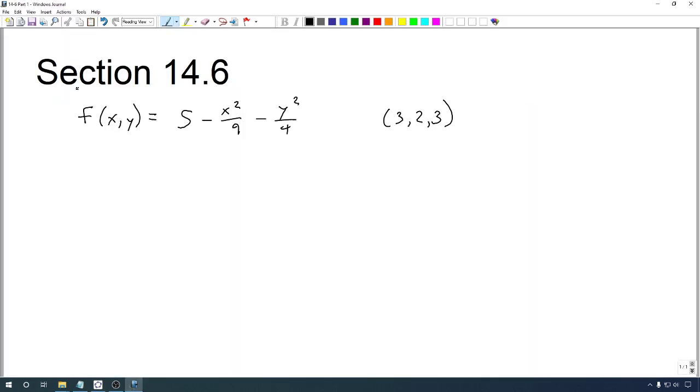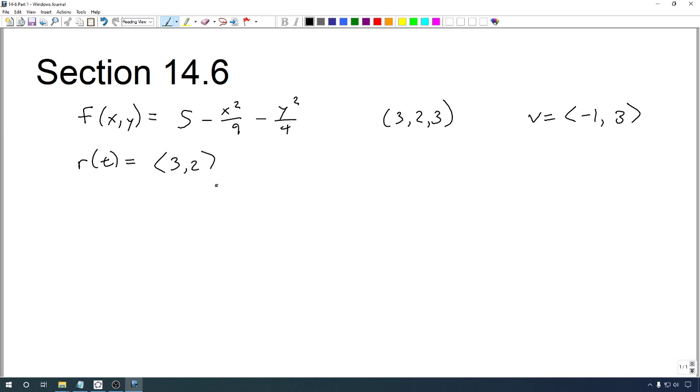Well, one thing we can do is to look at the line through the point 3, 2 in the direction of our vector v. So if our v here is the direction negative 1, 3, then we could use the vector notation for that. r of t is our point 3, 2. We're ignoring the z component because we want to see what happens as we change the x and y, and the surface itself is going to deal with the z.